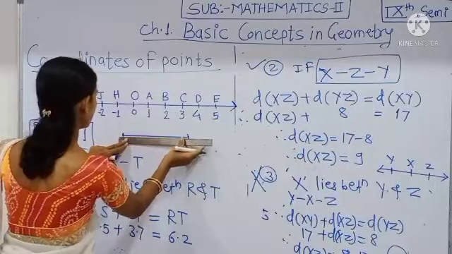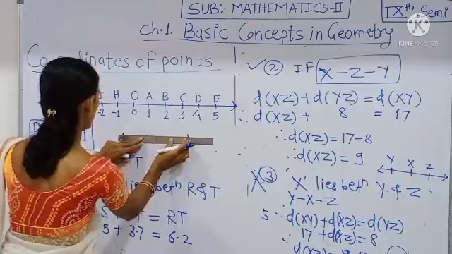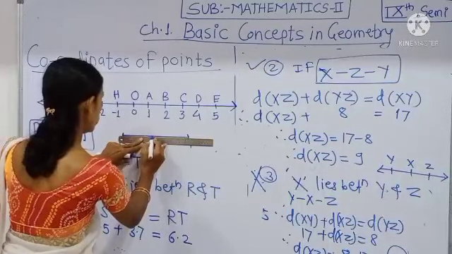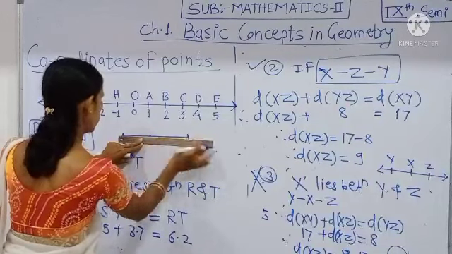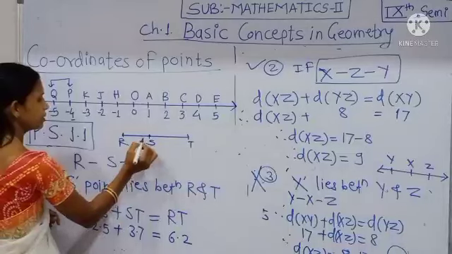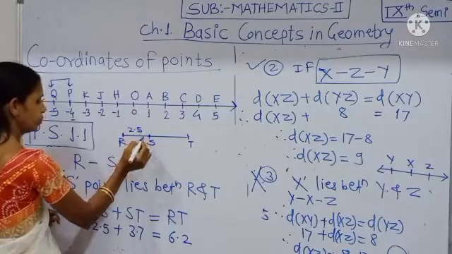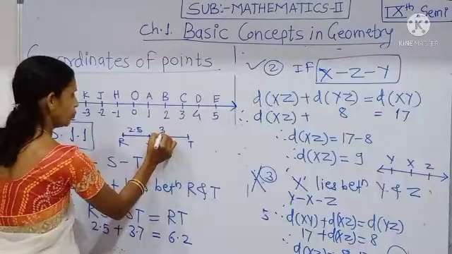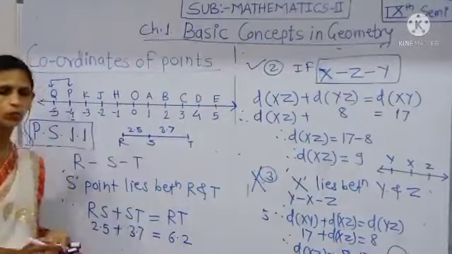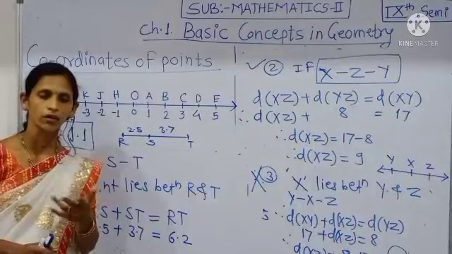Therefore, see here 2.5, 0, 1, 2, 2.5. Then see here RST, that is 2.5, and ST is 3.7. Therefore, RT is 6.2.